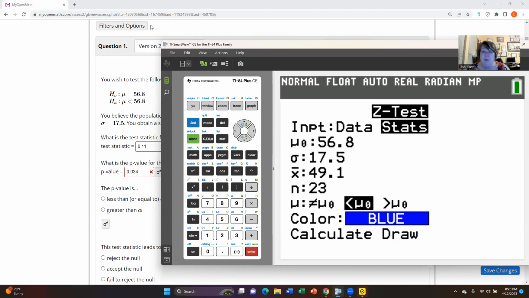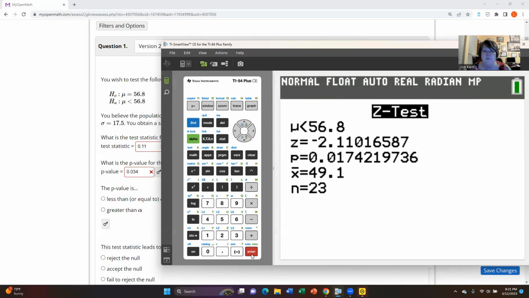So now I should be good to go. I have 56.8 for the mean I'm testing against, 17.5 for my standard deviation, 49.1 for my sample mean, the sample size was 23, and my alternative hypothesis is less than. So I'm going to go down and hit calculate.